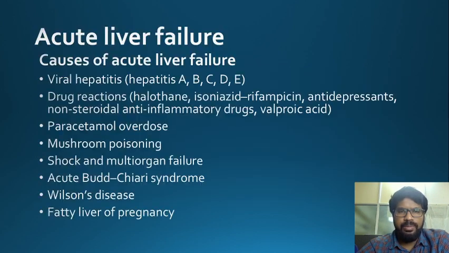So impaired liver function, the liver failure, can be acute liver failure or chronic liver failure. What are the causes of acute liver failure? Viral hepatitis A, B, C, D, E, drug reactions such as halothane, so this is important.